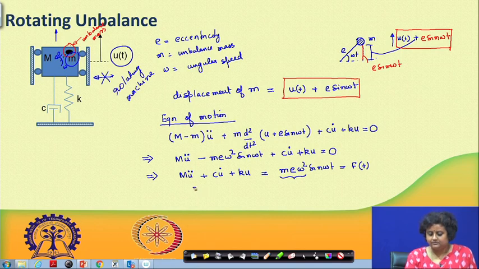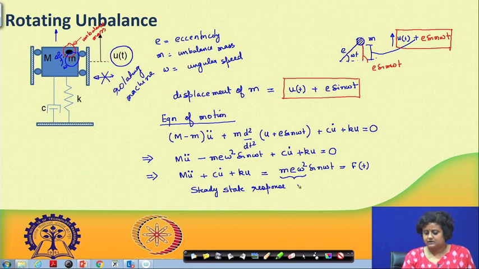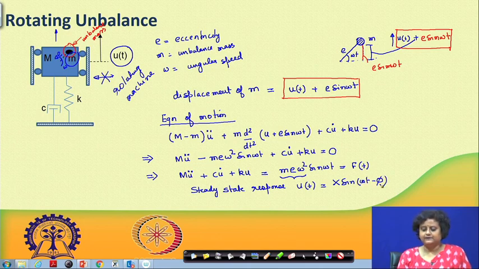I can assume that the steady state response of the above equation, let me call it u(t), is x sin(omega t minus phi). I can solve it in a similar way.